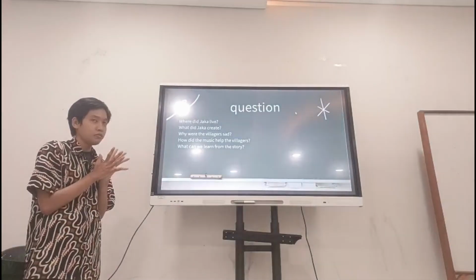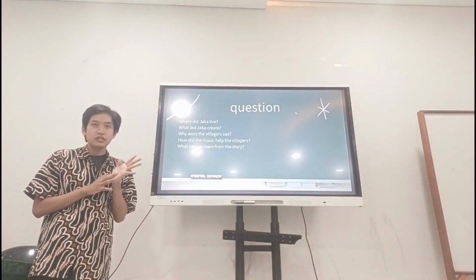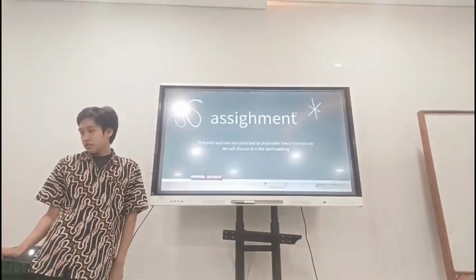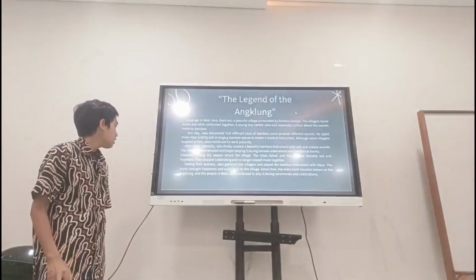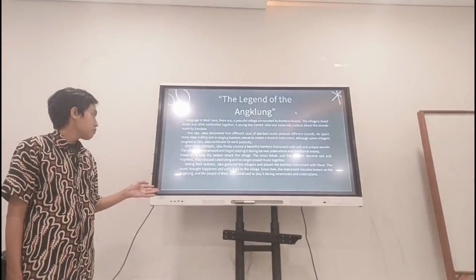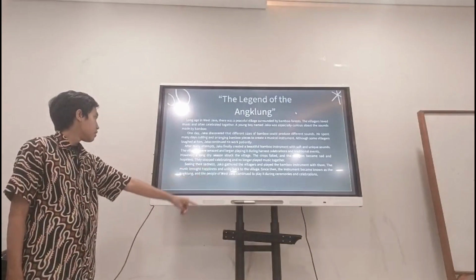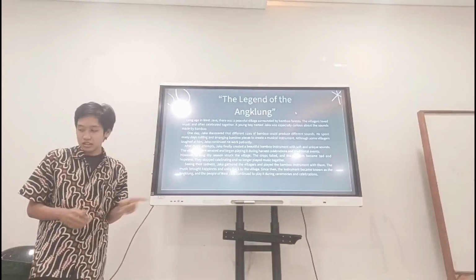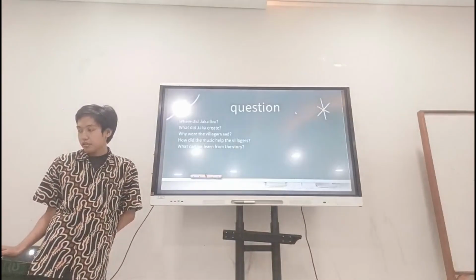How did the music help the village? The answer is that Jaka gathered the village and played the instrument with them. The music brought happiness and unity back to the village.